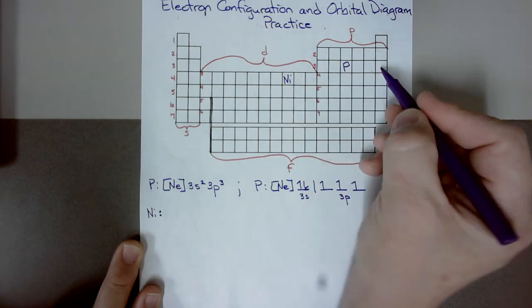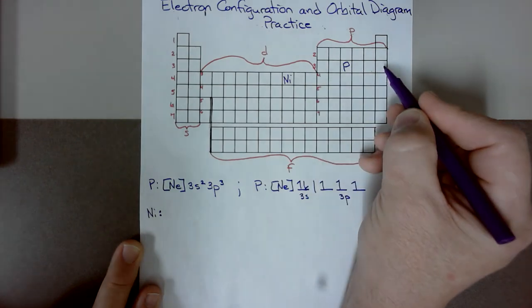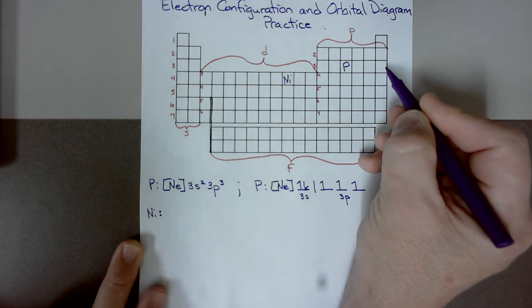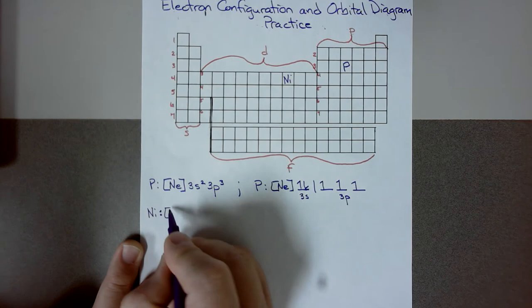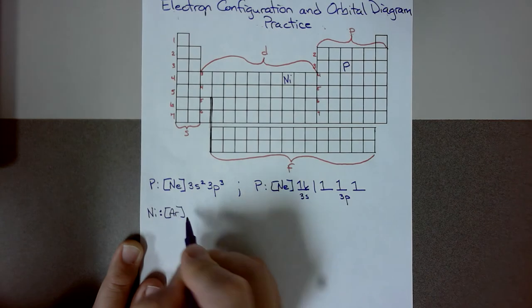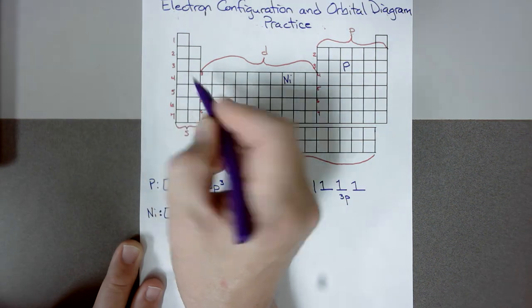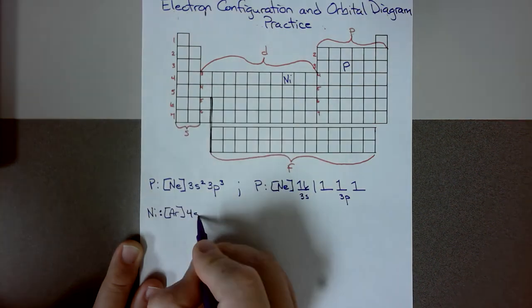So I go up and over, and this noble gas, which has 18 electrons, will represent the filled energy levels of those 18 electrons. So we have argon, and then I start over here again, and I have 4s, 1, 2. So I write 4s 2.